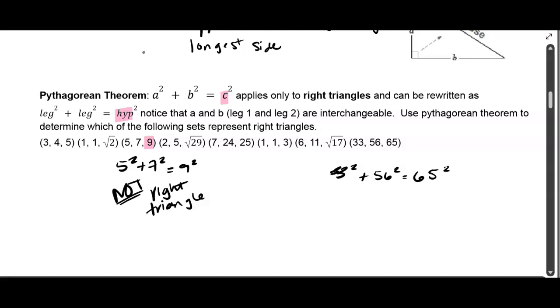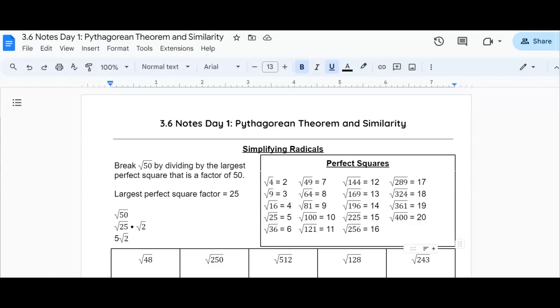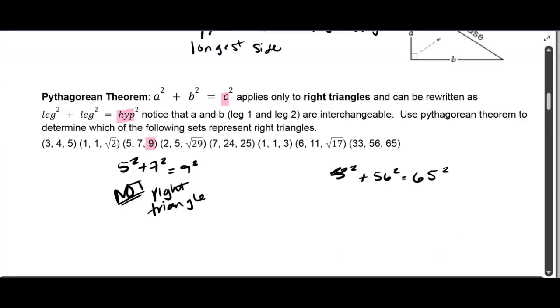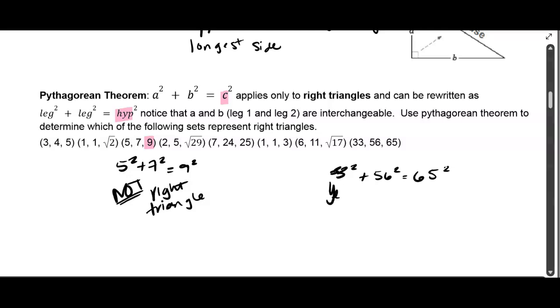So let's see if that's true. 33 squared plus 56 squared equals 65 squared. True! So this one is a right triangle. So this, yes, right triangle.